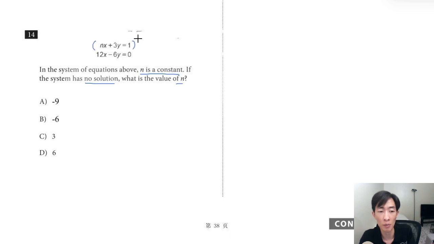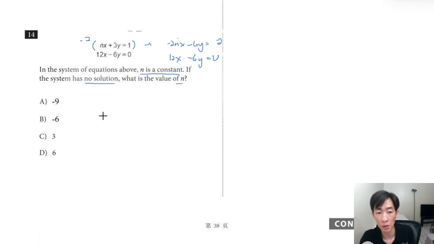I'm going to multiply the top equation times negative 2, because that's going to give us negative 2nx minus 6y equals negative 2. The bottom equation we keep the same, 12x minus 6y equals 0. So now notice what we've got. The top equation is equal to negative 2, the bottom equation is equal to 0.